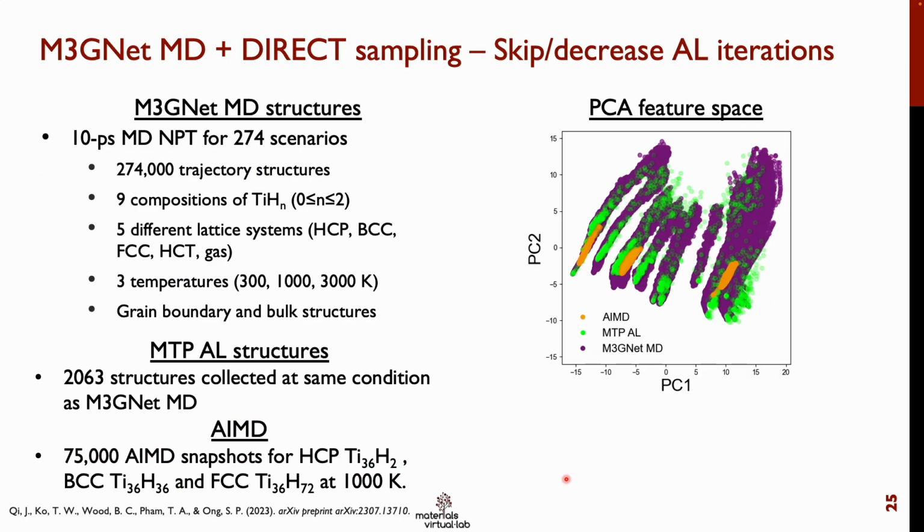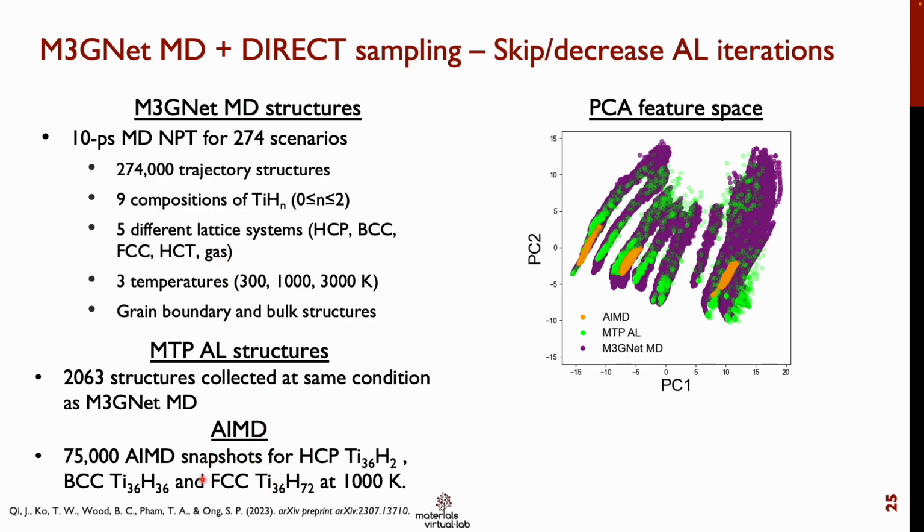So here is what I did. You can see that we compare 3 sets of structures for the titanium hydrogen system. The titanium hydrogen system is a challenging system even for AIMD because hydrogen diffuses very fast, so we usually use a very small time step of, say, 0.5 femtosecond in AIMD simulations. Here we have 3 sets of structures.